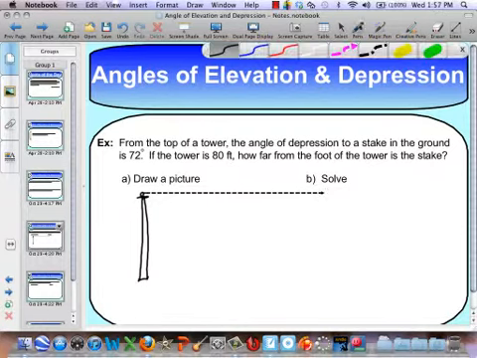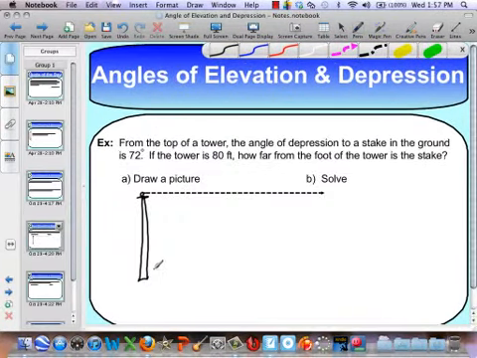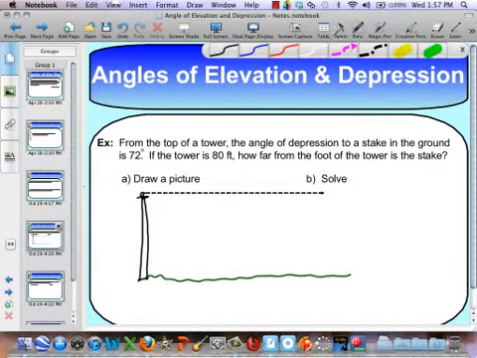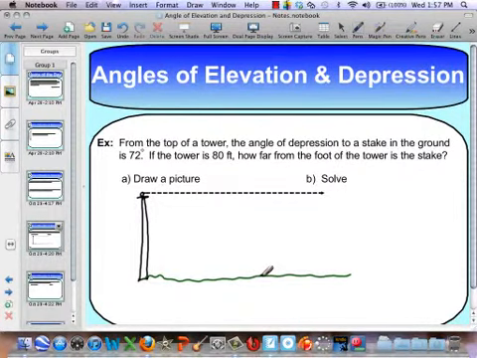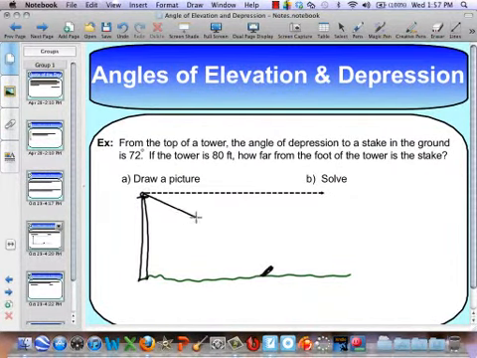And then down here at the bottom, I have the ground. So here's my ground. And somewhere in the ground, I have this anchor. Stake sitting down there in the ground. And then I have my line going from the top of the tower, anchored to the ground.